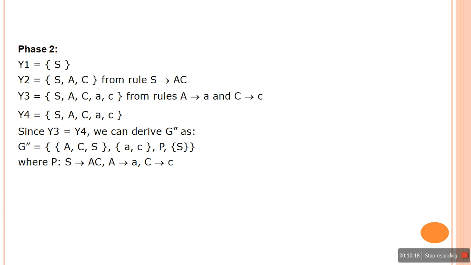Y3 is S, A, C from rule A determines A and C determines C. So Y4 becomes S, A, C. Since Y3 and Y4 are equivalent, we can derive G double dash as A, C, S, terminal nodes A, C, P and S from the production rules S determines AC, A determines A and C determines C.